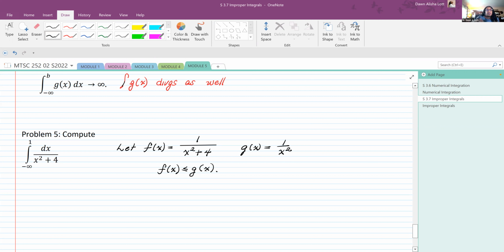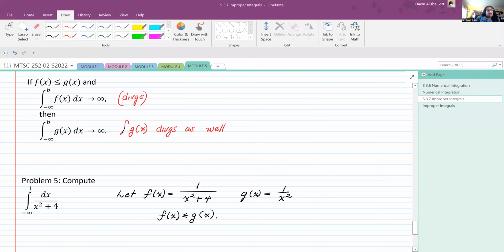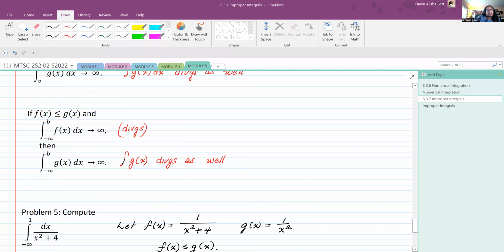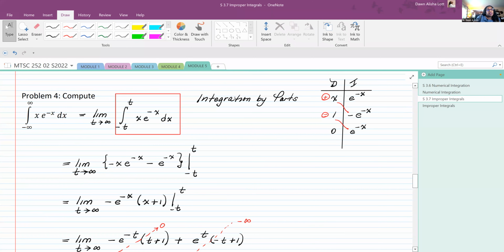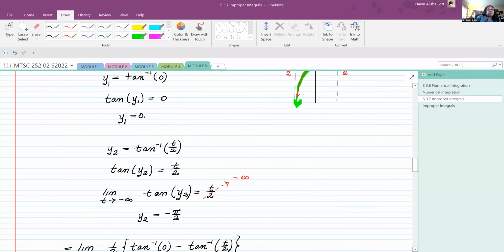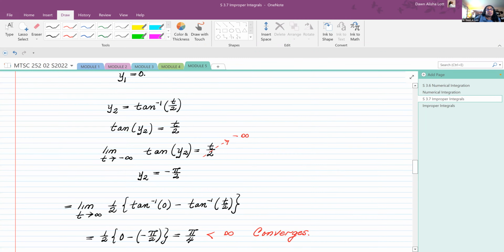Okay, so now I have the condition f of x is less than g of x. And I also did this integral back here where it went to 0. And I saw, wrong integral, I saw this one converged. I don't want to go through all of that computation again. I'm going to try to use the comparison rule. So let's see what we can do.